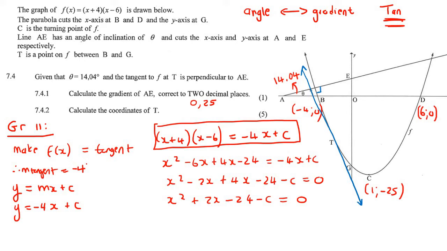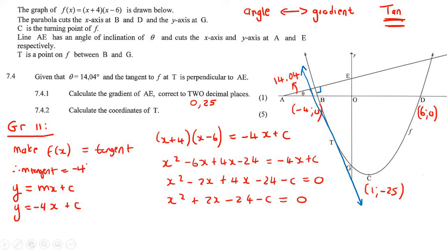But I only want one answer. How many answers do we want, guys? Do we want the tangent and the parabola to touch each other 0 times, once, or twice? Do you want it to touch in 0 places, 1 place, or 2 places? Well, because it's a tangent, you only want it to touch in 1 place. Just once, okay?